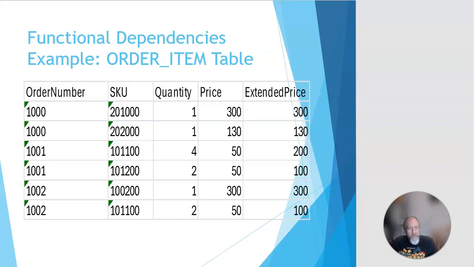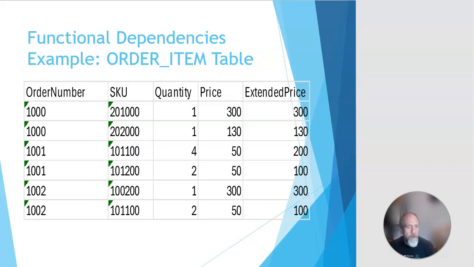Note that you've got an order number and you may have multiple items in a single order. How are we dealing with that? Well, you see that the order number is in the table twice, but for any given SKU, any given item, you don't list it twice.